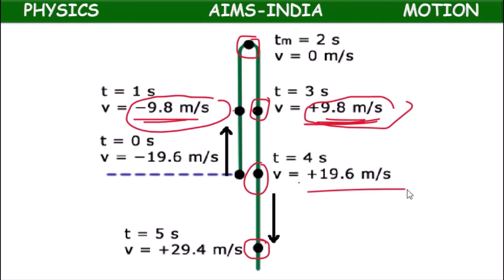So here 19.6, here minus 19.6, here 29.4. If it comes here, it will become minus 29.4. Here the final is 0, and for 0 there is no plus or minus.